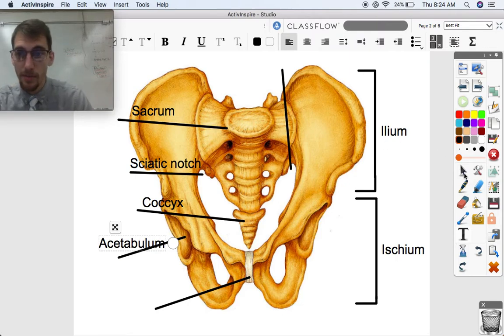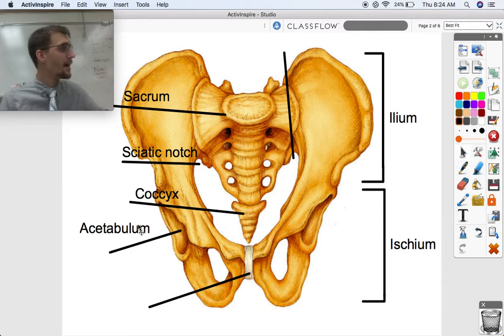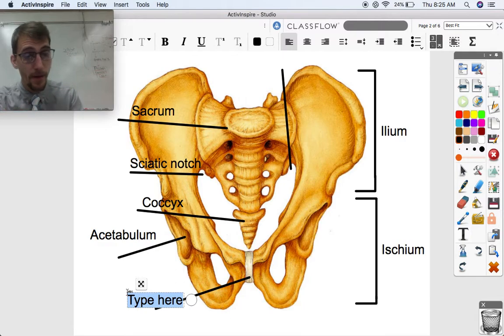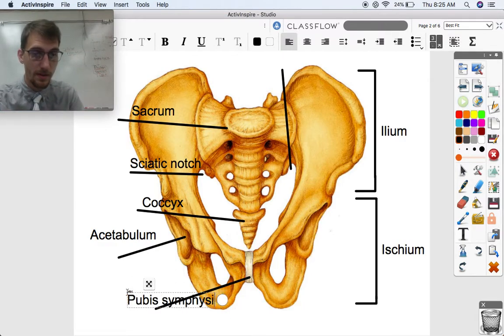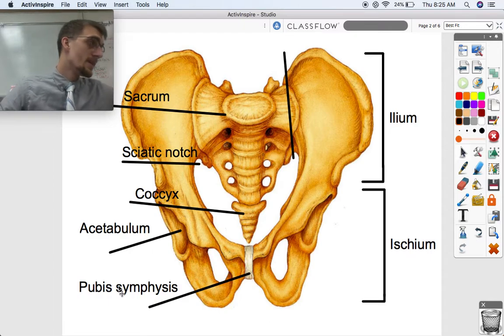I had been pronouncing that wrong for a couple of years, and this is the first video where I pronounce it correctly. And then the last structure I'd like to point out is a joint in between the two sides of the pelvic girdle. This is called the pubic symphysis. It's a type of joint, so you have cartilage connecting those two sides of the pelvis.